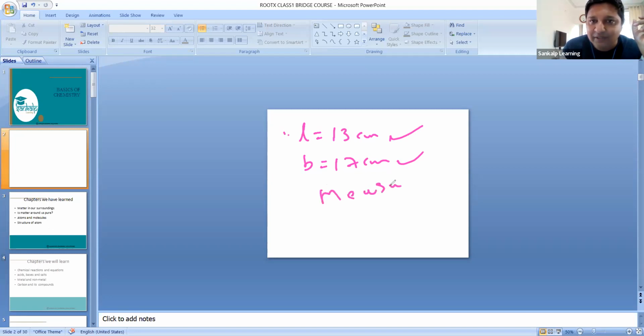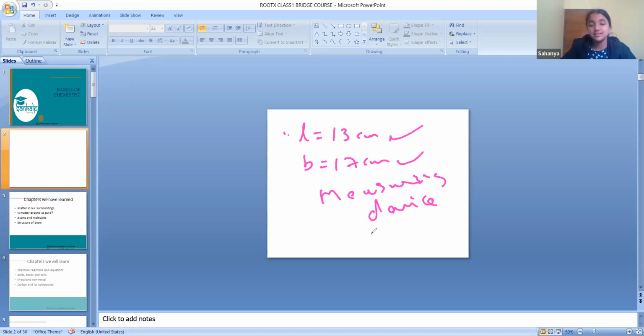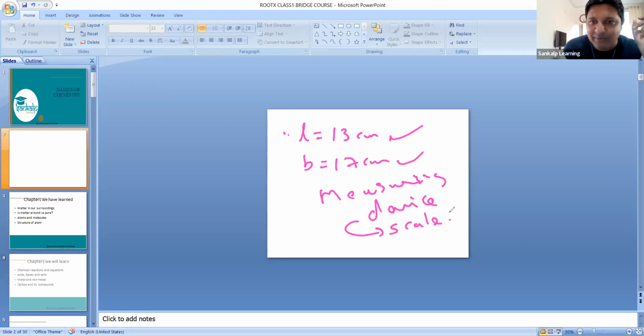So the scale was the measuring device you used. If the scale would not be there, how would you have measured the length? Do you have any idea? By your fingers, by hand.